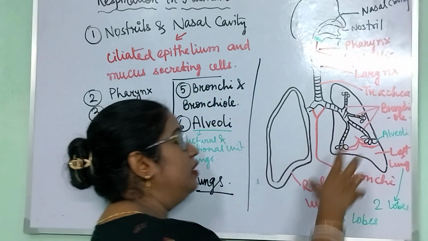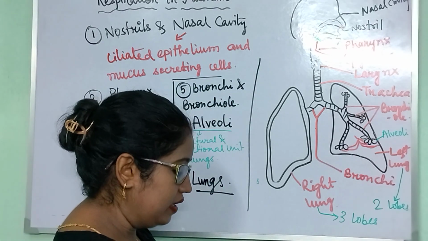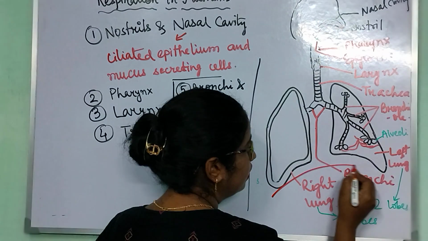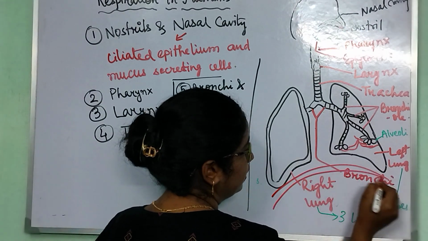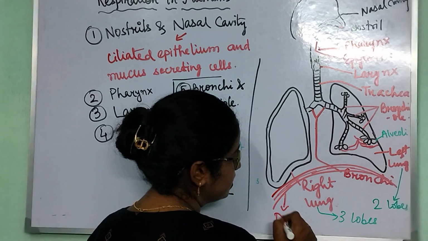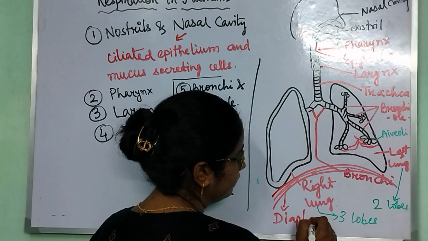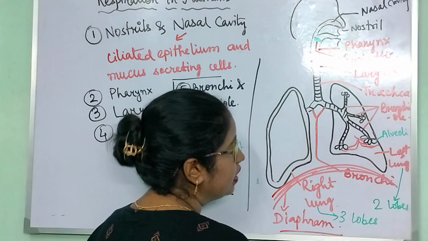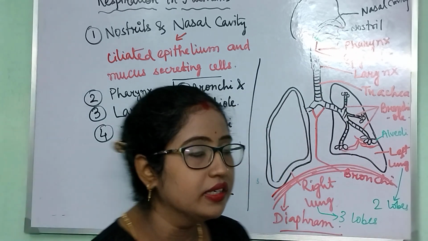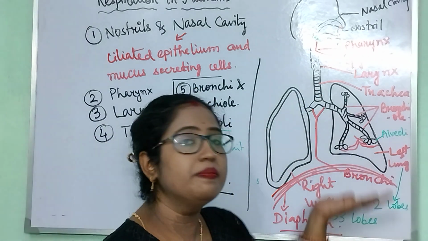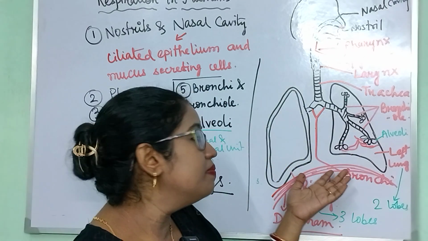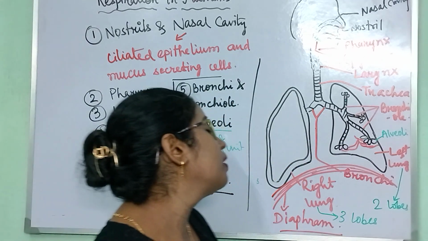The lungs are supported by a muscle-like structure known as the diaphragm, which separates the thoracic cavity from the abdominal cavity and is the base or support of the two lungs. It is a muscular structure.